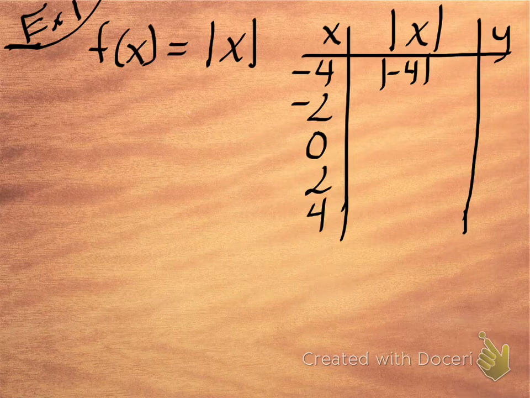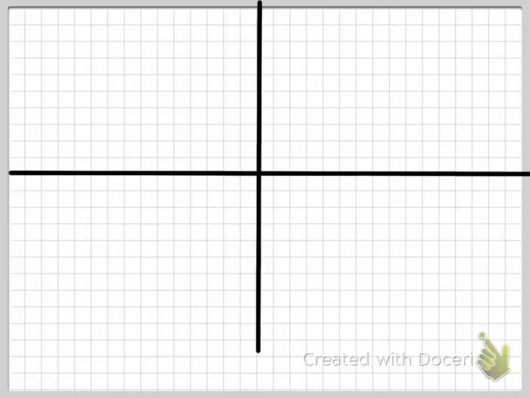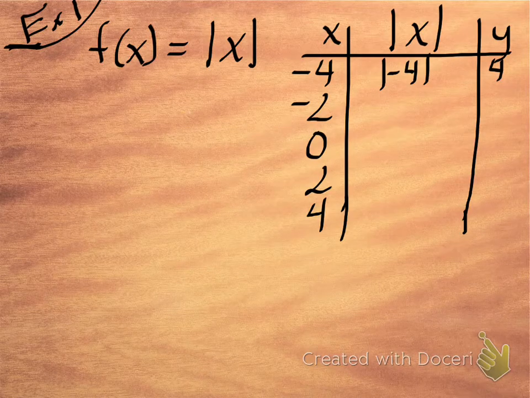The absolute value of -4 is +4. So I'm going to come over here and graph (-4, 4), and I'm just putting a dot there. The absolute value of -2 is +2.